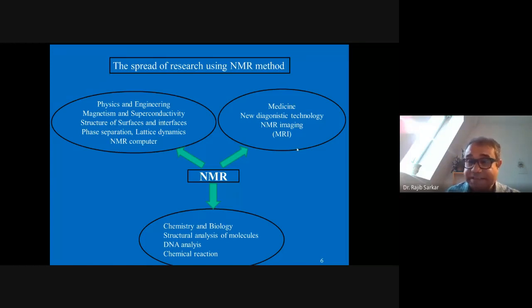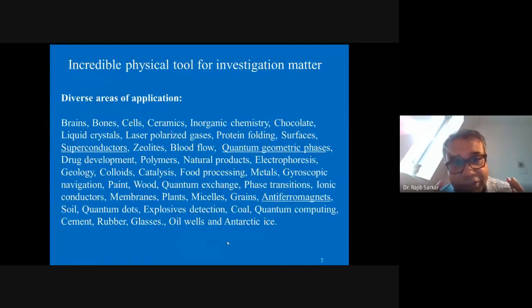And you can do extensive application of NMR in medicine, and in chemistry and biology, structural analysis of molecules, DNA analysis. It is a very wide field where you can successfully apply the NMR technique. As an incredible physical tool for investigation of matter, there are diverse areas of application, starting from brains, bones, cells, to oil wells or Antarctic ice, and many other places.